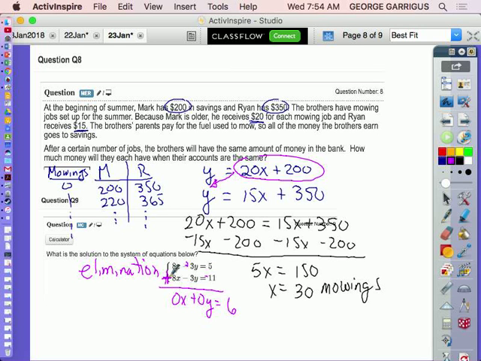So anyway, you get 0 is equal to 6, and so that is not possible. So that would be no solutions. That means that if I was to rearrange this into slope-intercept form, my slope would be exactly the same. So the rate of change would be exactly the same, but they would have two different y-intercepts.